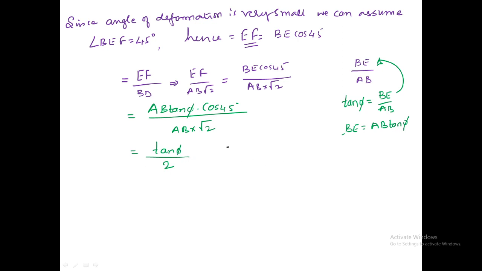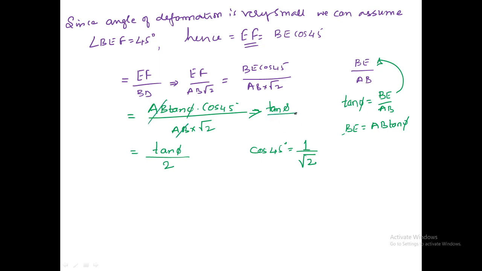So cos 45 is what? What is the value of cos 45? If you substitute the value of cos 45 here, now tan phi, this AB gets cancelled here.